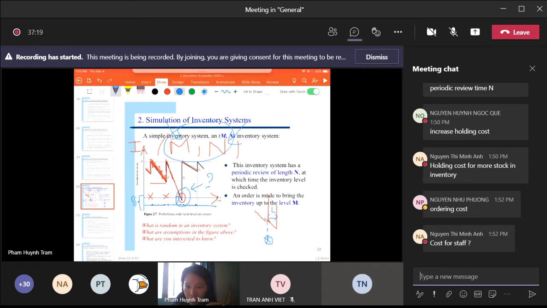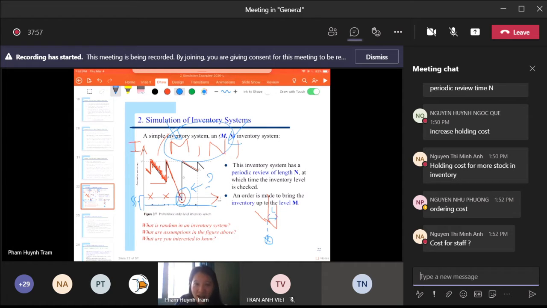So we have a problem here: to find the optimum M and N in the context that our demand is random and our lead time is random. If it is fixed, or if we treat it as an average, then it's very simple.